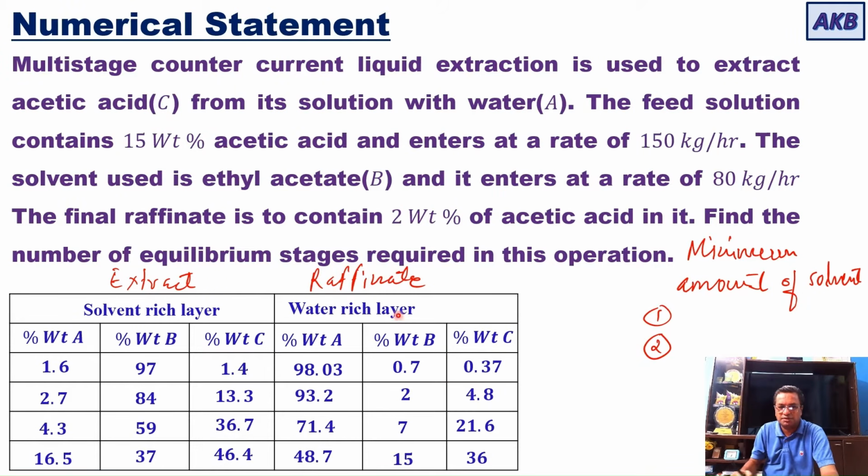So these compositions for the solvent rich layer, that is the extract layer, and the water rich layer, the raffinate layer, when they are in equilibrium with each other, these are given to us. And we are going to use this to find the number of equilibrium stages that have to be used in order to bring about this extraction. And then we will also find out the minimum amount of solvent that can be used in this operation.